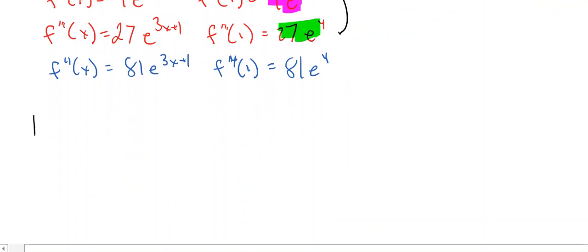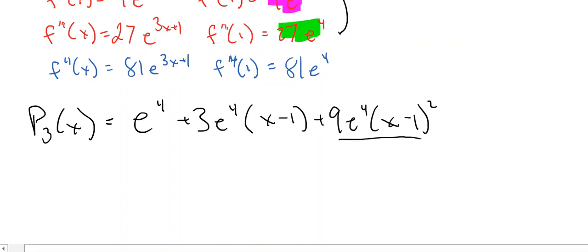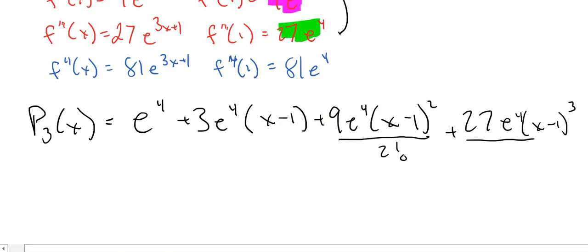The polynomial p sub 3 of x is going to look like e to the 4th plus 3e to the 4th times x minus 1 plus 9e to the 4th x minus 1 squared over 2 factorial, and then we'll have 27e to the 4th x minus 1 cubed all over 3 factorial.